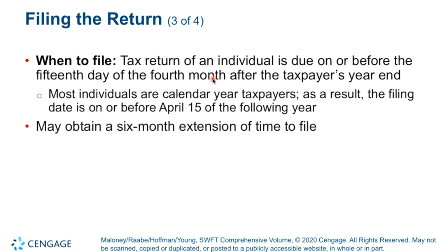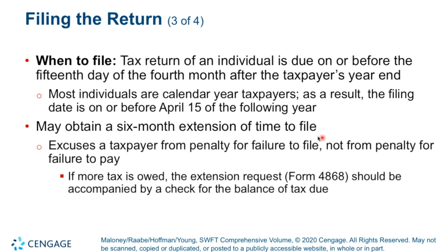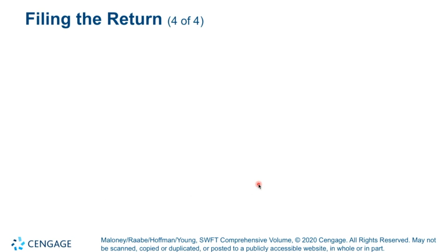You can get a 6-month extension of time to file the return, but that does not extend the time to actually pay the tax. So even if you don't know how much you owe, you can just pay in some money if you think you're going to owe when you file an extension to file the return later.